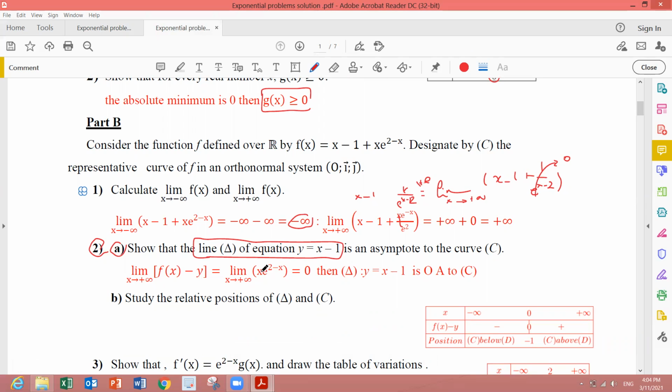It will be infinity times 0, indeterminate. We bring the exponential down: x over e power x minus 2. L'Hospital's rule, we will get 1 over e power x minus 2, the limit will be 0. Then the line delta of equation y equal x minus 1 is an oblique asymptote to C at plus infinity.